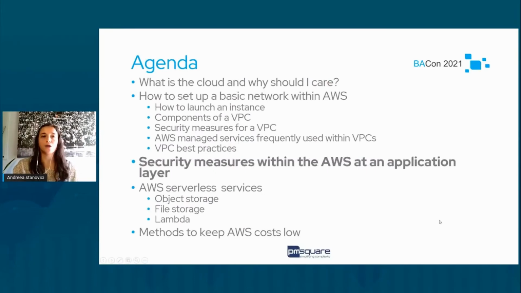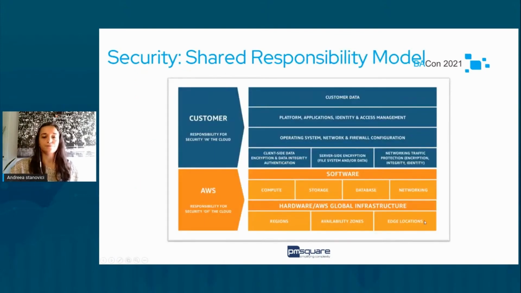So as we go on, we're going to be talking about security measures within AWS at an application layer. AWS takes up the shared responsibility model, and this means that the customer is responsible for things that are happening within the cloud, but AWS itself is responsible for handling the cloud itself, so security of the cloud.